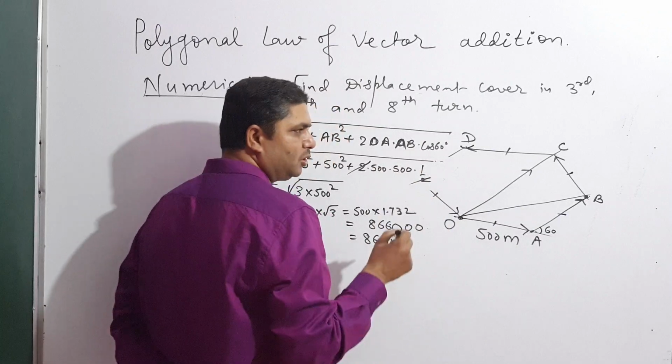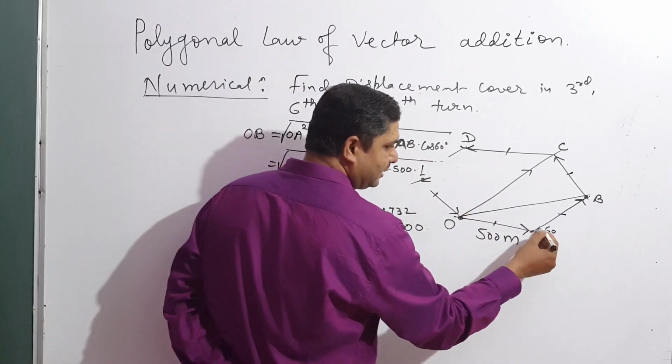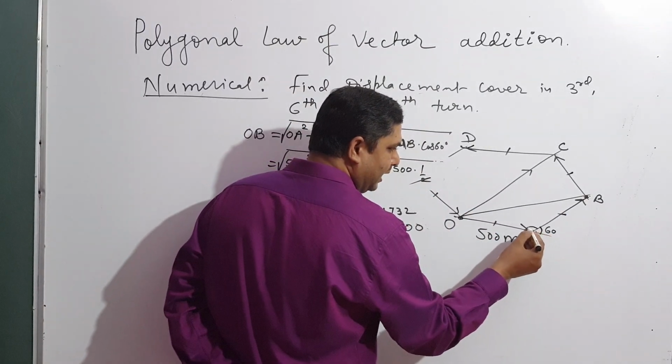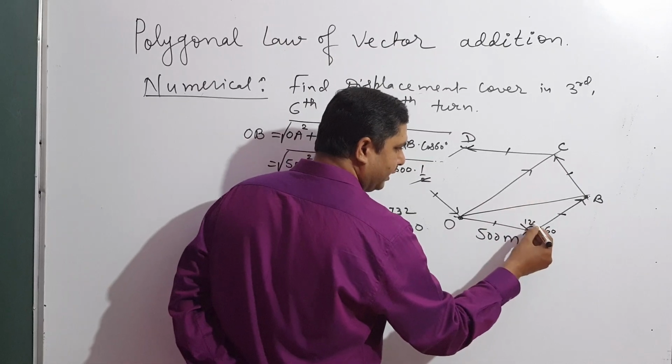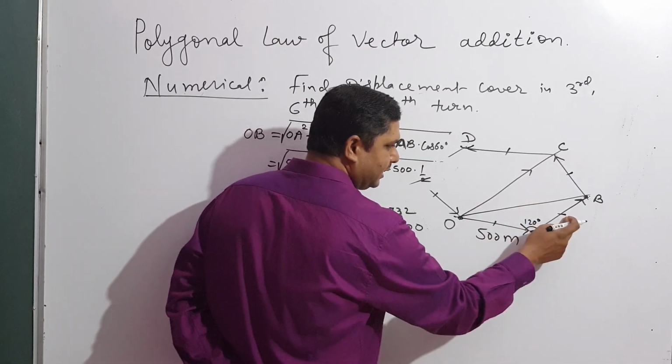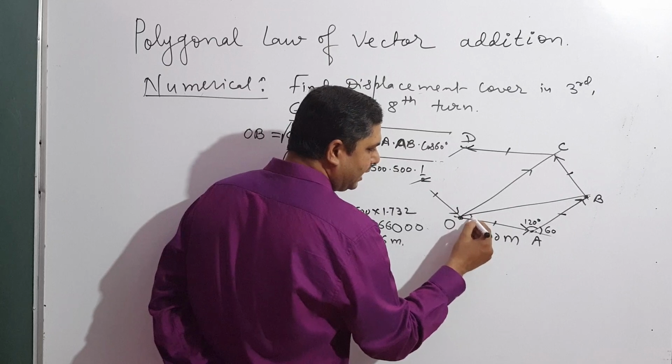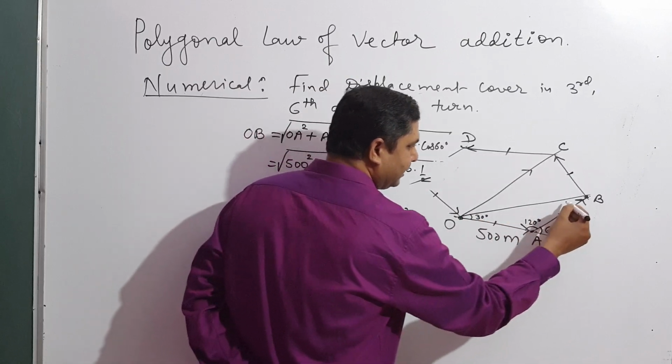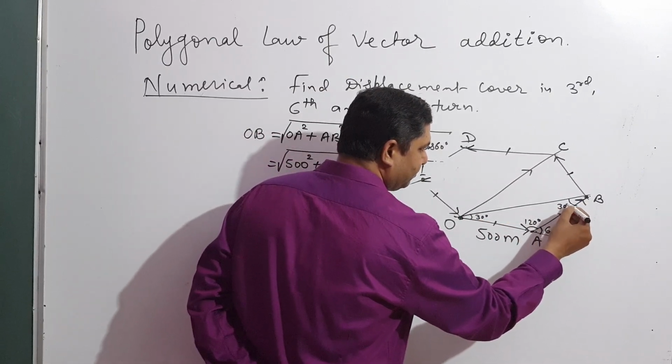For finding OC, students, first of all, this angle is 60 degree, so this angle is 120 degree. Since this and this sides are equal, this angle is 30 degree and this angle is also 30 degree.